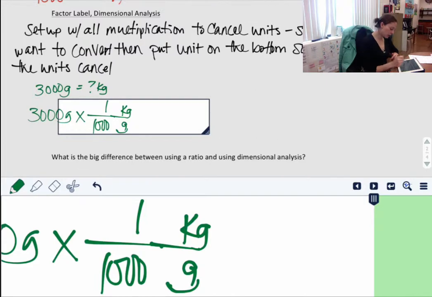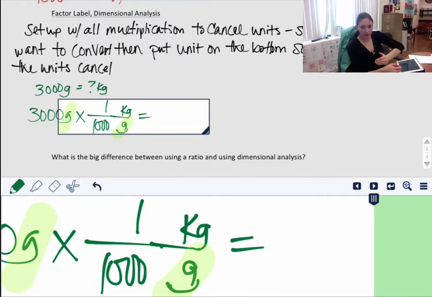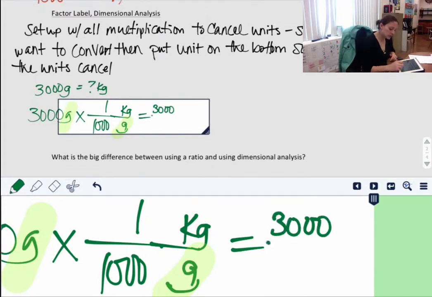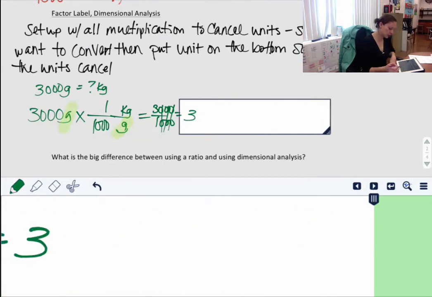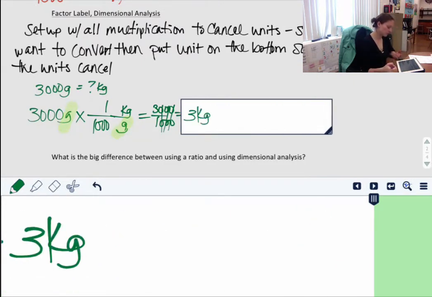So when I multiply across, these cancel. You multiply by what's across the top and divide by what's on the bottom. So I take 3,000 divided by 1,000, which is 3 kilograms.